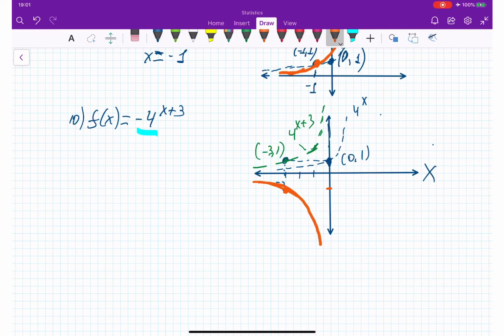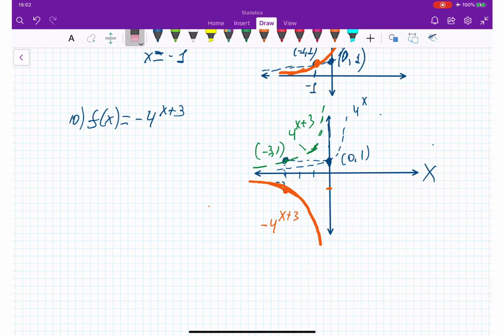And this is going to be our negative 4 to power x plus 3. That is going to be my graph. So you build 4 to power x plus 3 and flip it over across the x-axis, and that will be your negative 4 to power x plus 3.